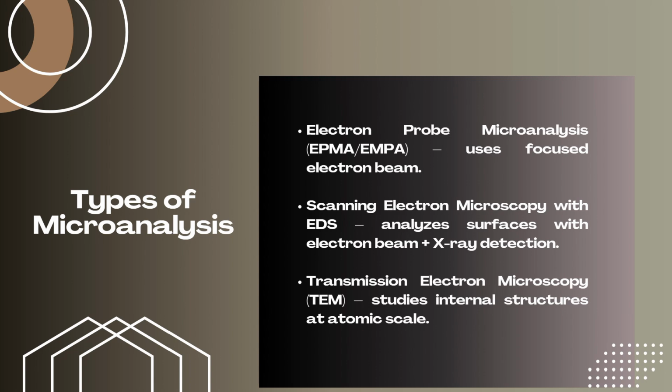Some types include electron probe microanalysis, or EPMA, which uses an electron beam to analyze small spots of a sample. Then scanning electron microscopy with EDS can study surface composition, and transmission electron microscopy, or TEM, is used to examine internal structure at the atomic level.